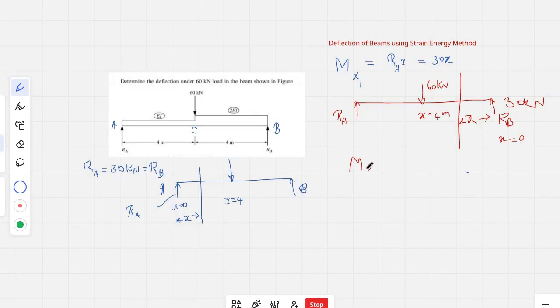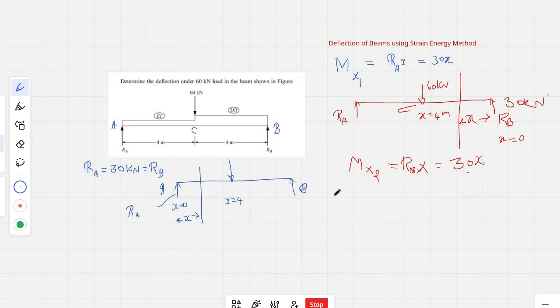Now Mx2 equal to RB into X, equal to 30X. So the first half of the beam is integrated from A to C, this is point C. The second half of the beam is integrated from B to C. So taking A as origin you evaluate Mx1, and taking B as origin you evaluate Mx2.